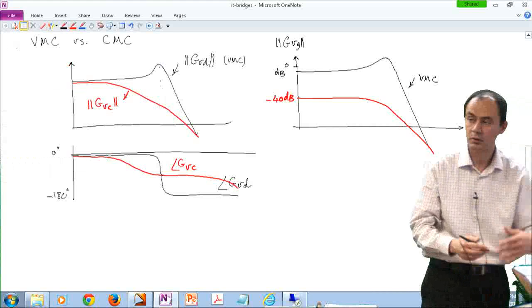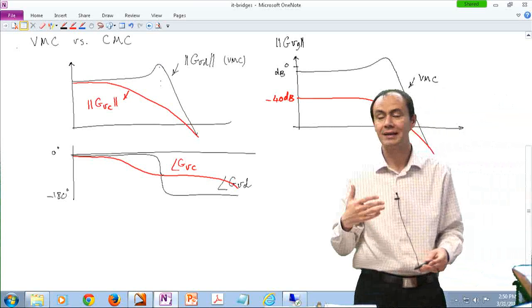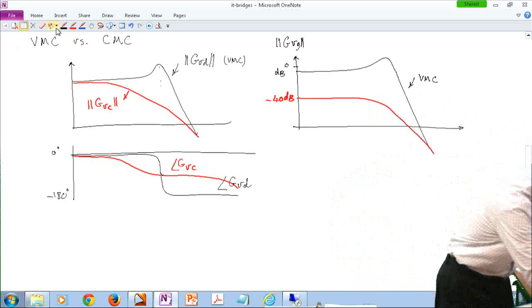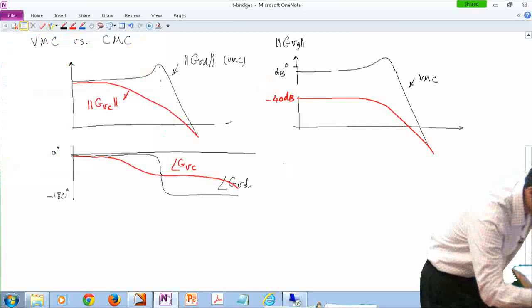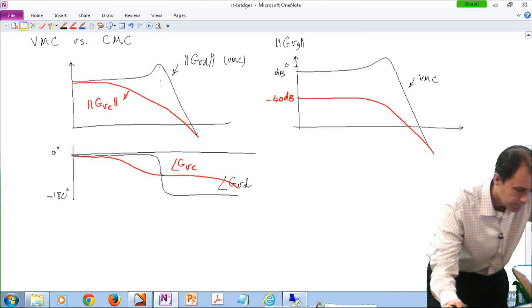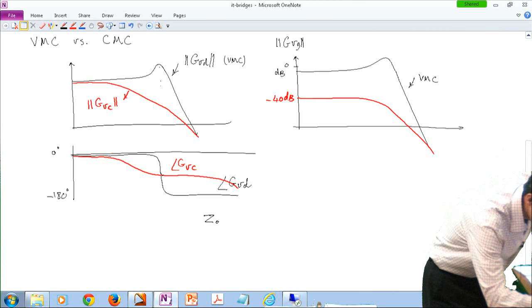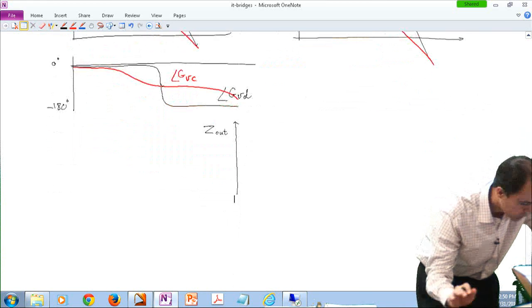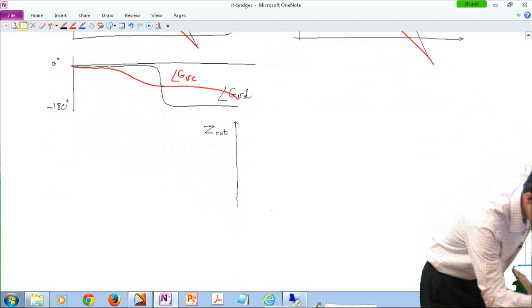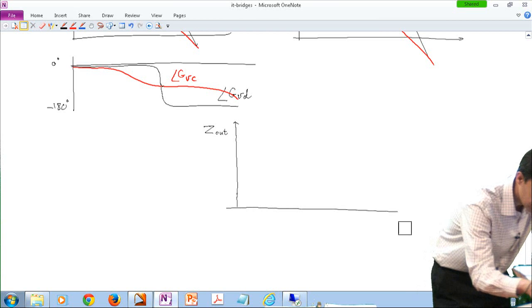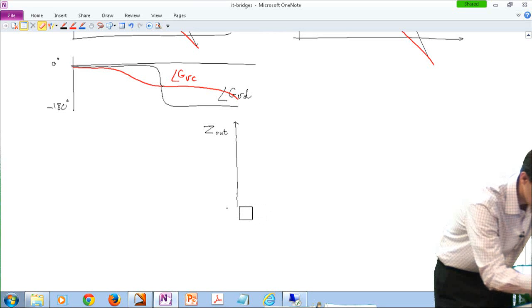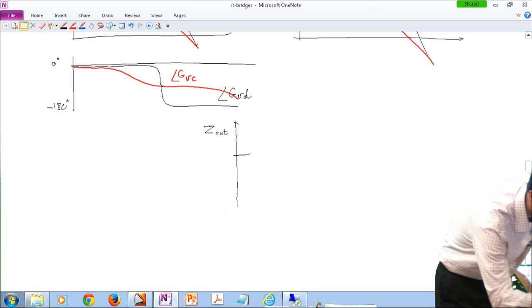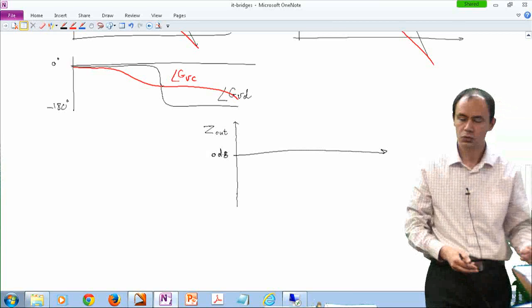The other comparison between these two comes when you are looking at the output impedance. Let me draw it down here. Remember, ideally when you have a source, you always want that source to have a very small, in terms of dBs negative, output impedance. And voltage mode control almost does that.